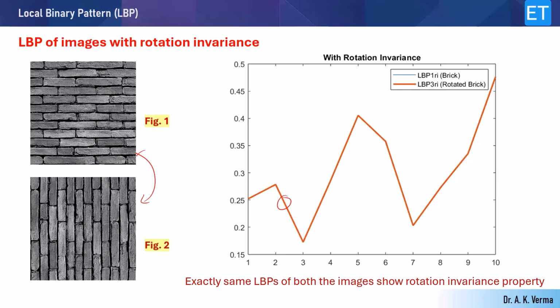That means upright is false in that MATLAB inbuilt function. So that is very important. If you want to search or classify some object which has different rotations, you can do that by turning on the rotation invariance of LBP.